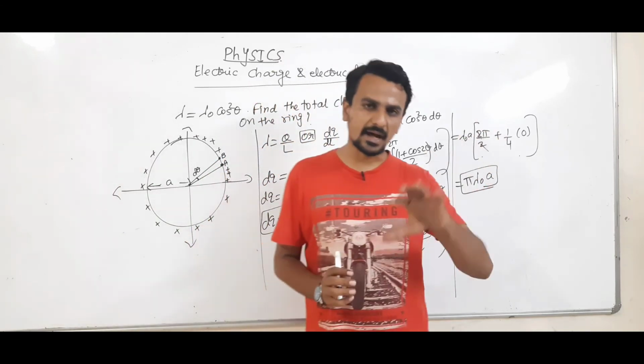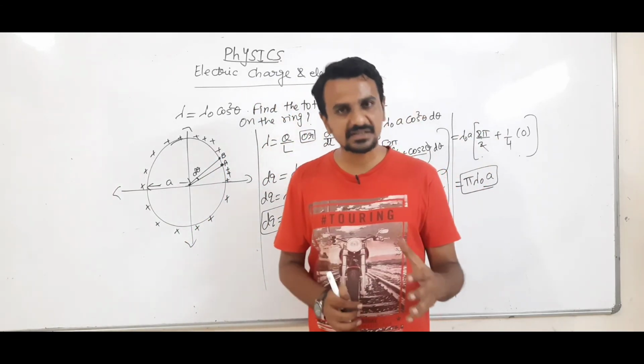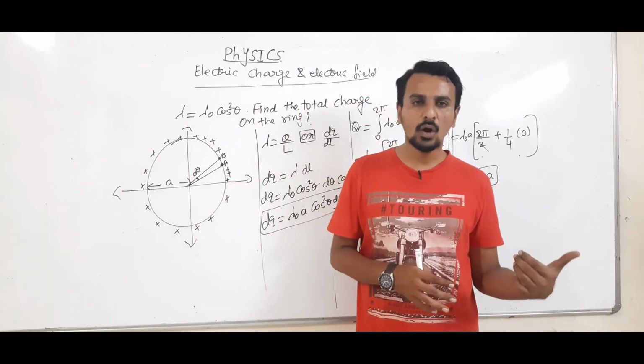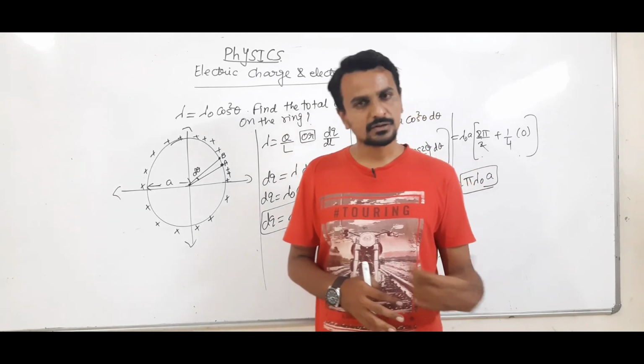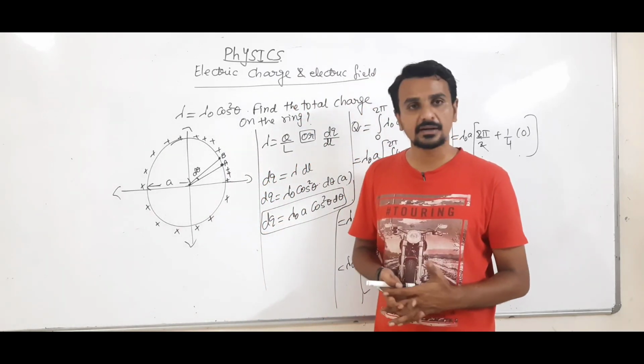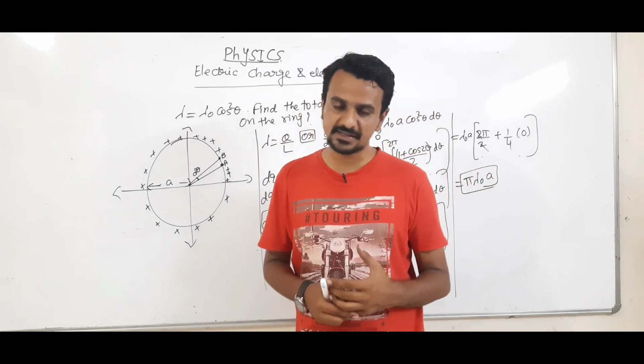That means there is an arc on which charges are being continuously distributed, and because of these charges we want to calculate the electric field at the origin. Clear? So that will be a general result, and from that result we can solve different questions. So in the next video we will discuss that question.